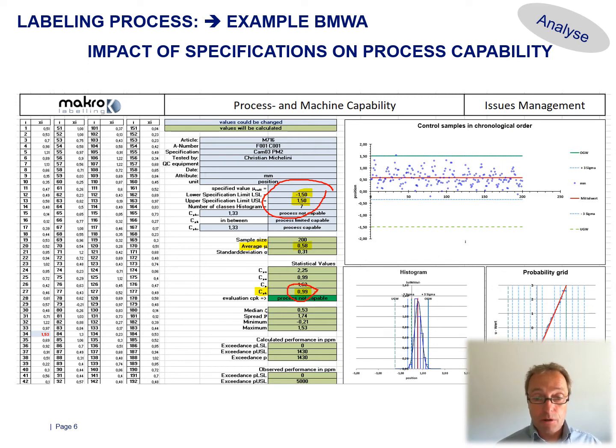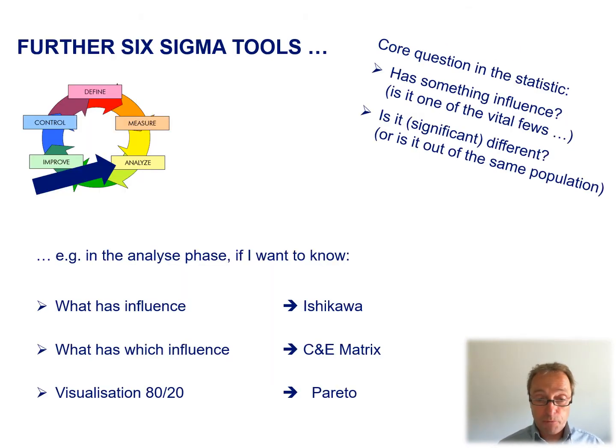And Marco is working on this to automate this, to center the process, so that we have then no difference between CP and CPK, or let's say we have only a small difference, which of course helps. So this is a typical use case, but let's see what we have additionally.